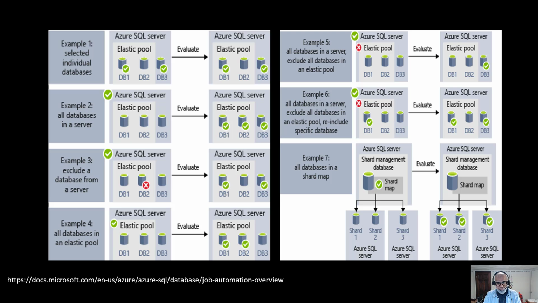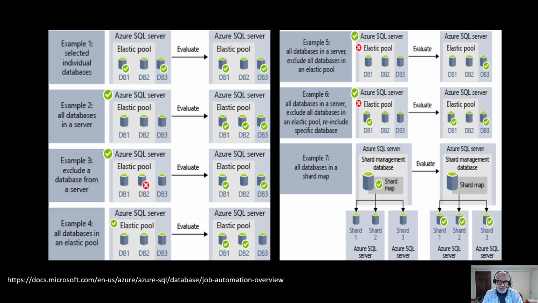Now these are pictures taken from Microsoft documentation, just to show you what your target group can be, right? I'm not going to read this, but you can have all kinds of permutations and combinations when you are doing your target group.